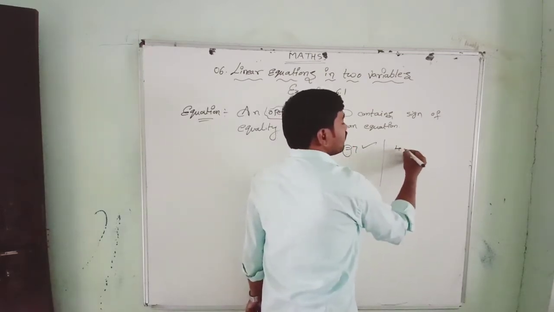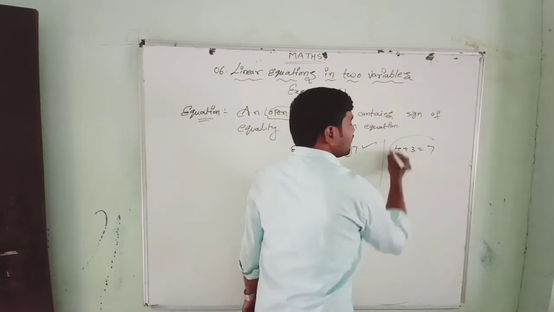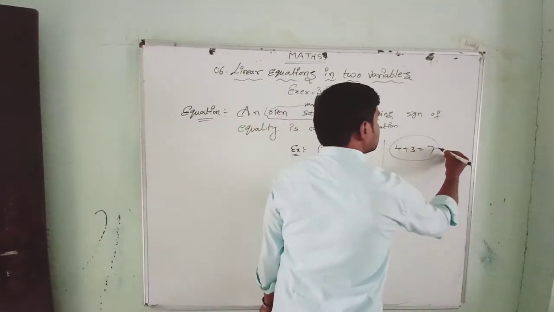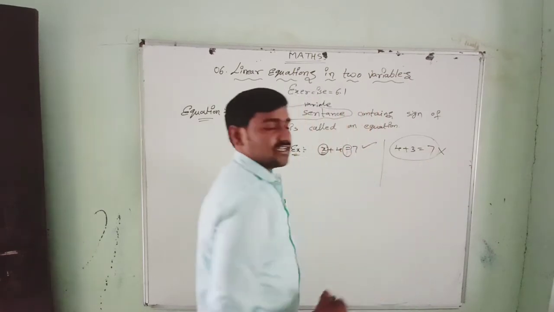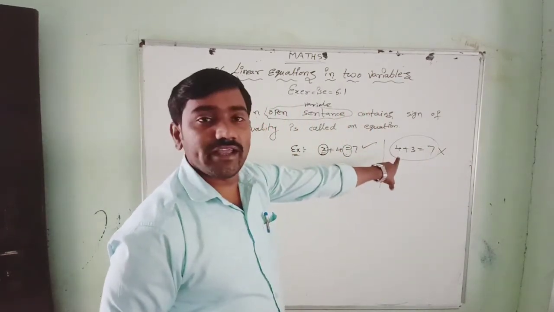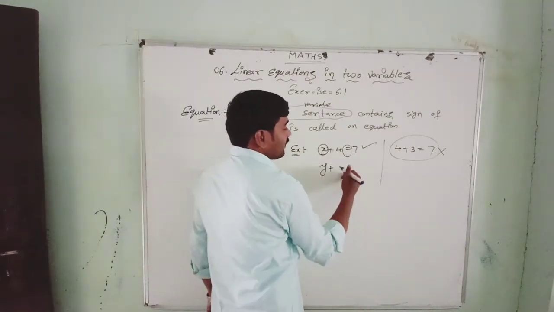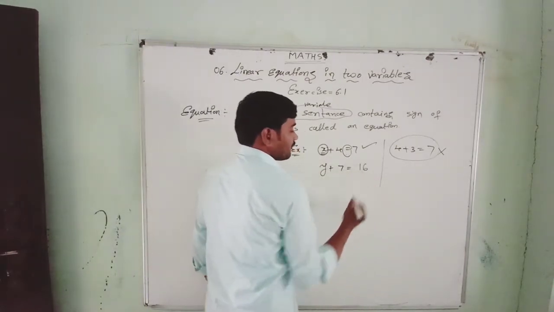If I write here 4 plus 3 equal to 7, it is a mathematical statement, but it's not an equation because there is no variable. Here there is a variable. Suppose y plus 7 equal to 16.